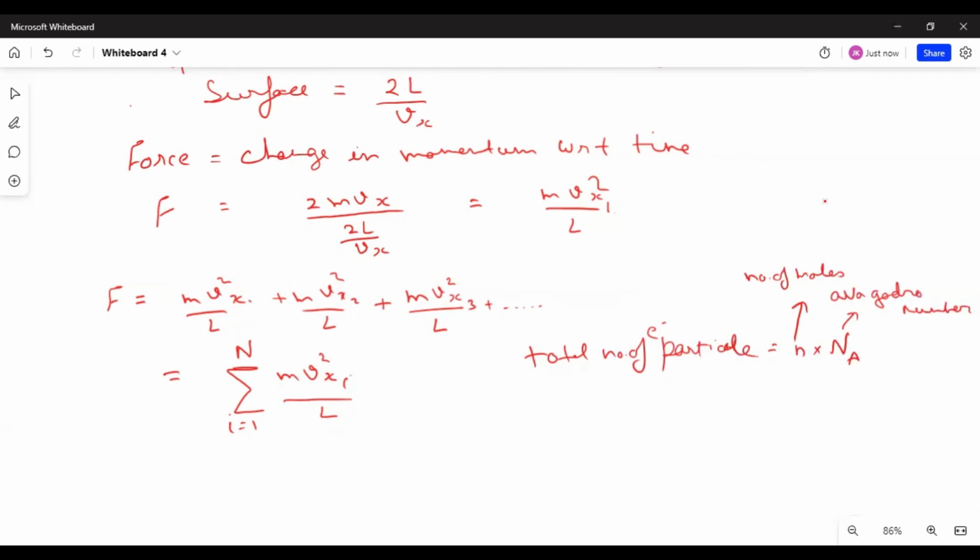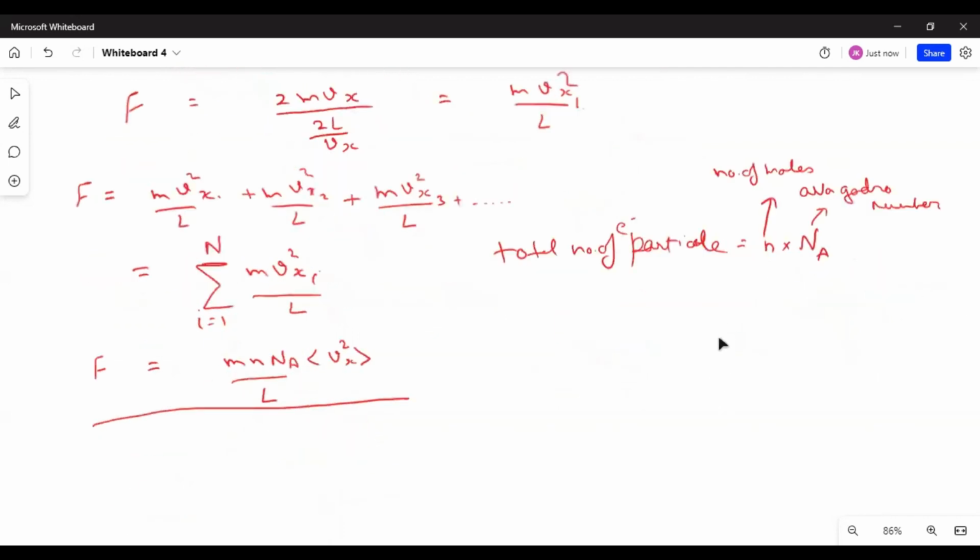Now this summation can be written, since we know the total number of particles, as mass multiplied by moles and the Avogadro number, and L will come out, and the velocity will be the mean square, the average square velocity. This will be the force that is being exerted on the surface.